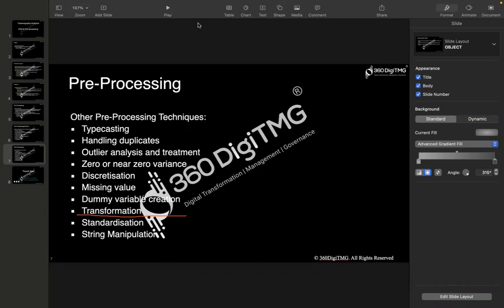So here we have some types of transformations.